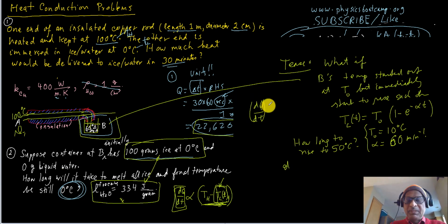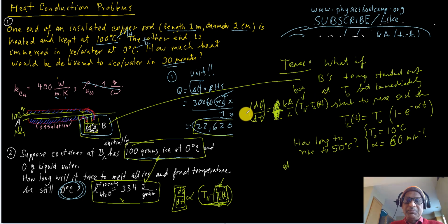So this is equal to A over L, the distance is the same, times K, then TH, which is fixed, minus this function TL(t).